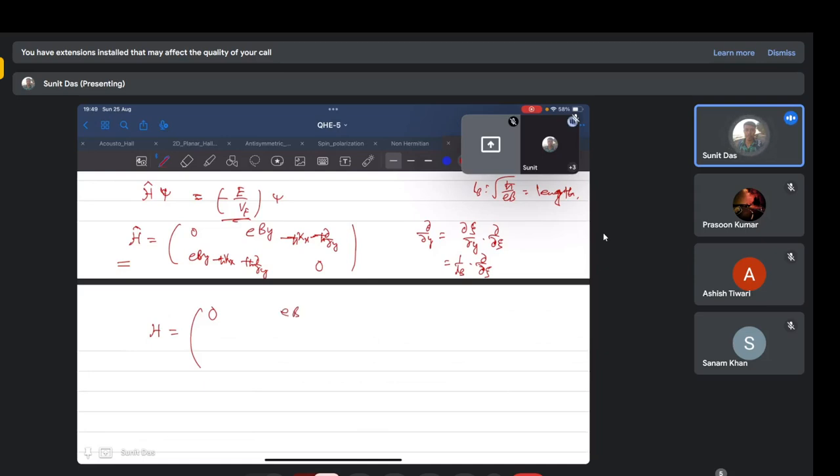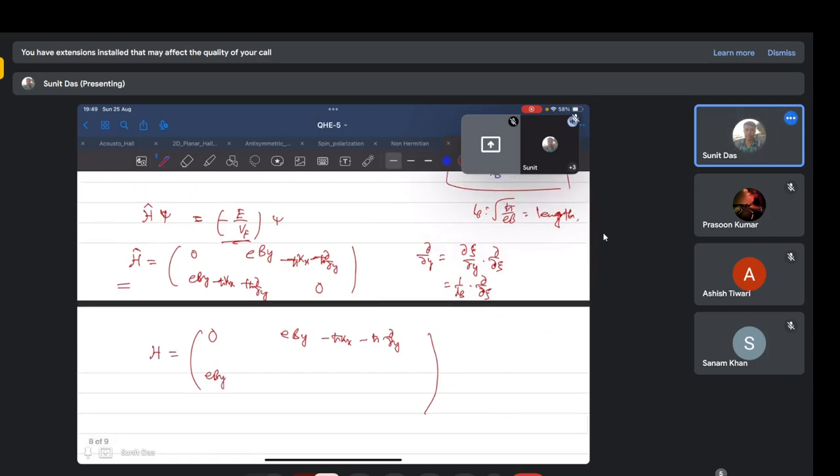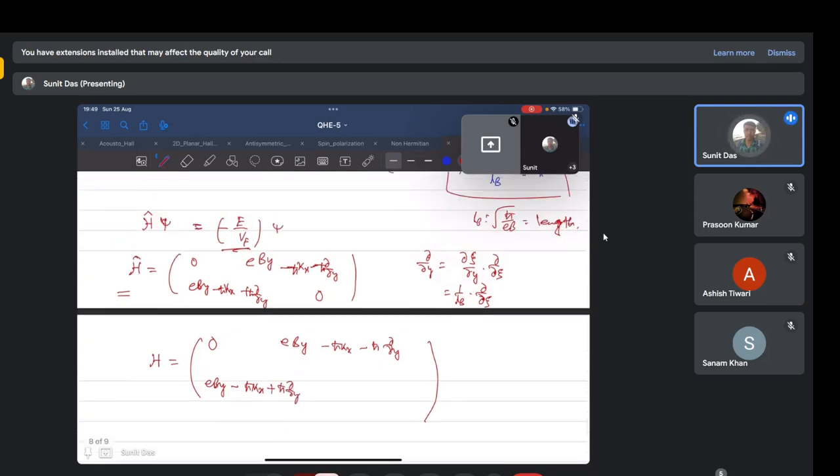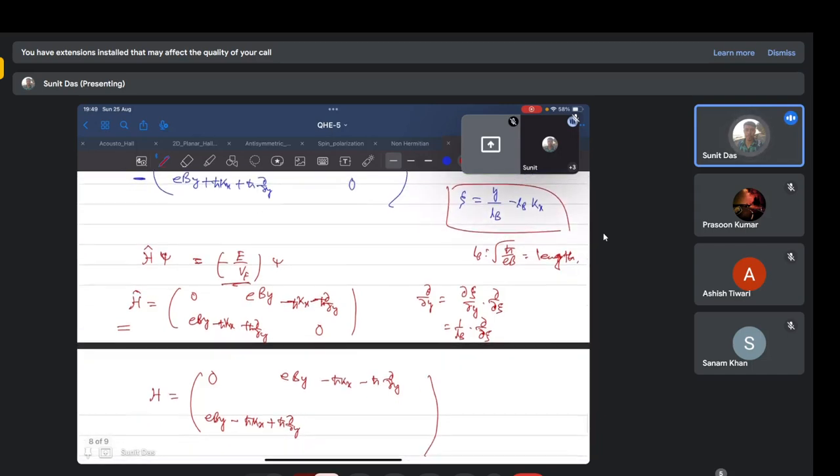So I have eBy minus h bar kx minus h bar del y, and eBy minus h bar kx plus h bar del y, and I want to write in terms of xi.